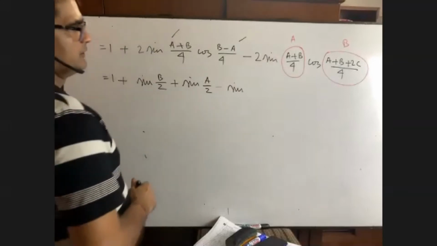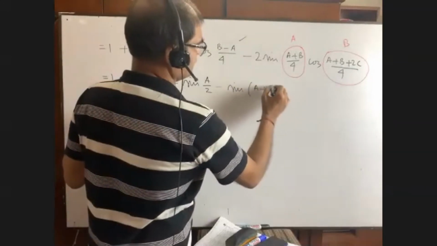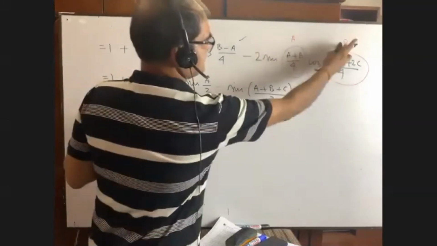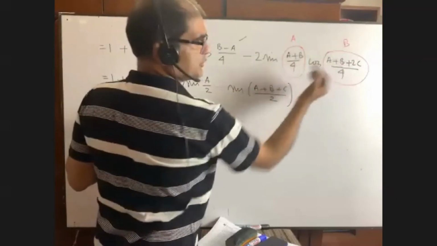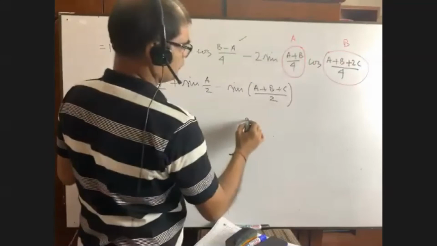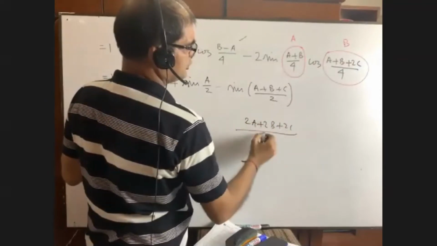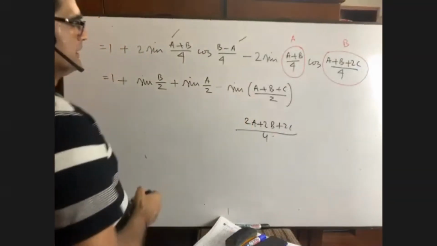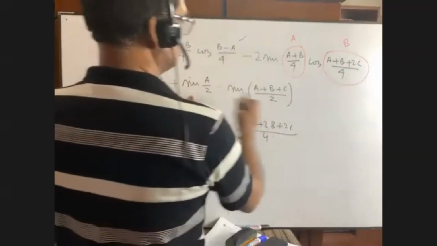What will be the result? A plus B plus C by 2, that is pi by 2. Very good. If we add this plus this, we get A plus A to A, B plus B to B, plus 2C. So in the numerator we are getting 2A, 2B, 2C, and in the denominator it is 4. As it is minus here, so it will be negative.